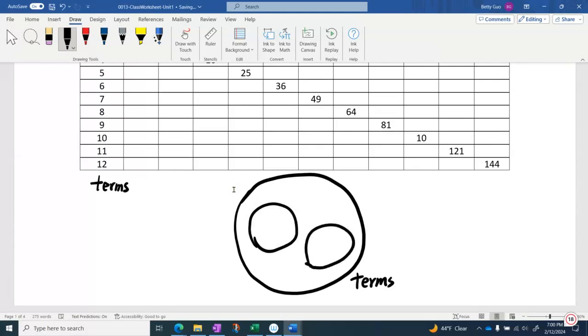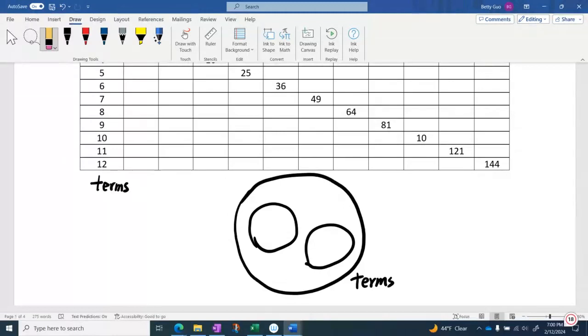I use circles to represent sets, a group of items. So the bigger circle represents the set of terms. As I said, we don't have to worry about what a term is at this point, but we need to know two subsets of the set of terms, or two basic types of terms, okay?